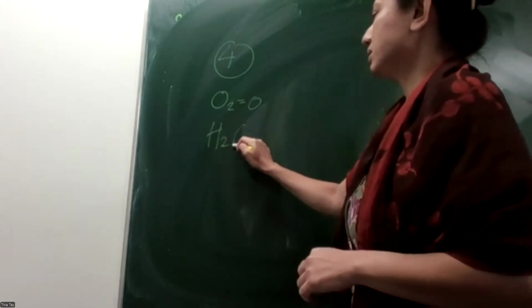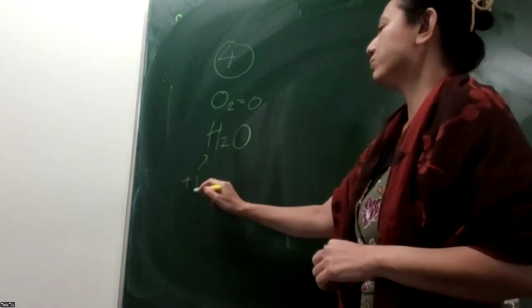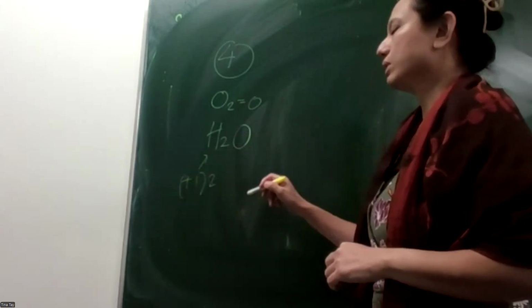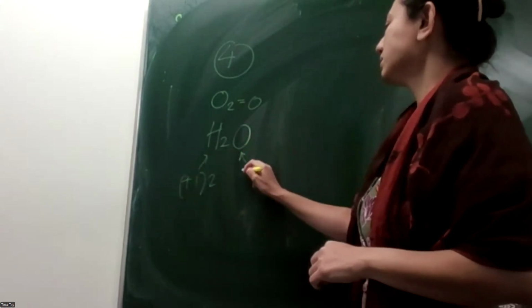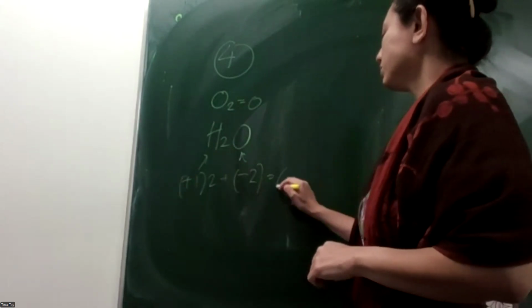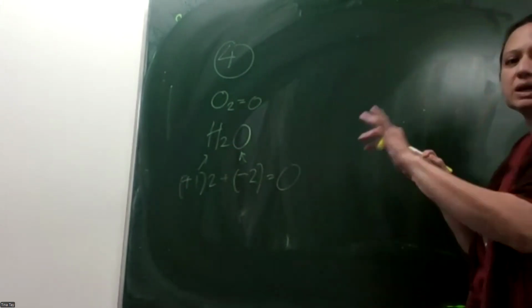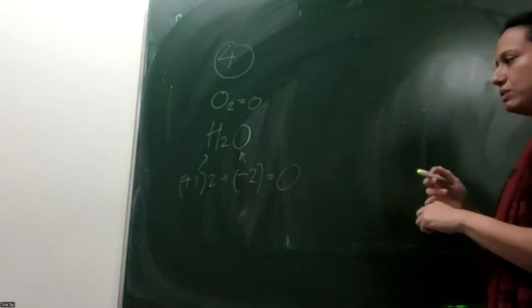But if it's in water, hydrogen is +1 times 2. Oxygen, -2. Add together, it equals to 0. The total will still equal to 0.